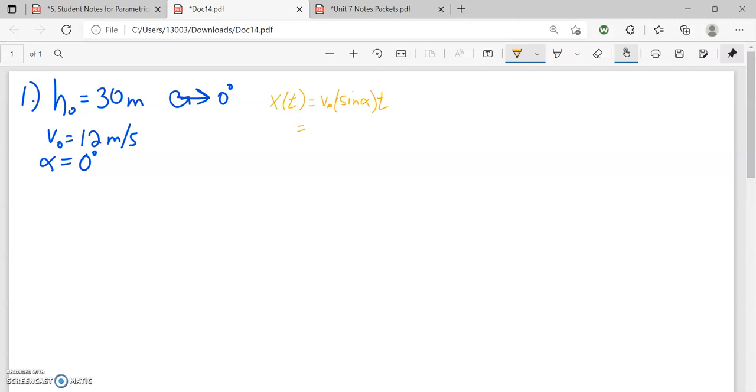So what we have in this case is 12. Oh, I screwed that up, you guys. Sorry. Pretend like that has always said cosine of alpha, because cosine of alpha at alpha being 0 is cosine of 0 is 1, so 12 times 1 times t.